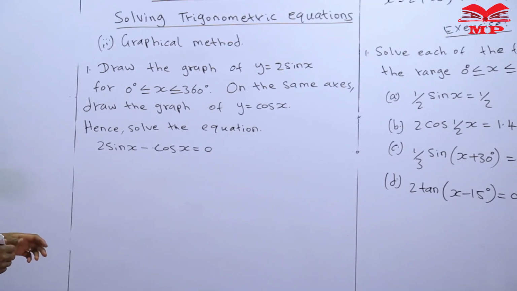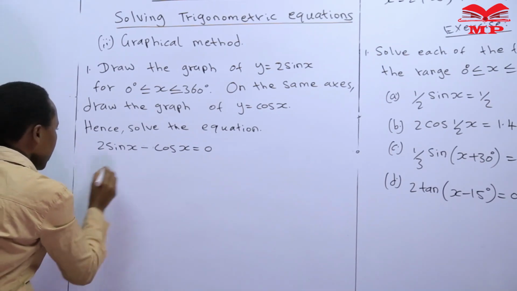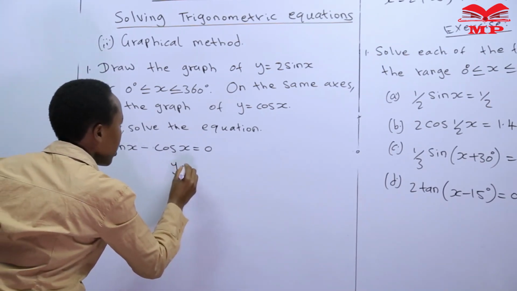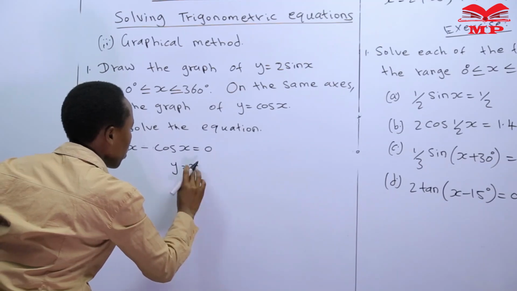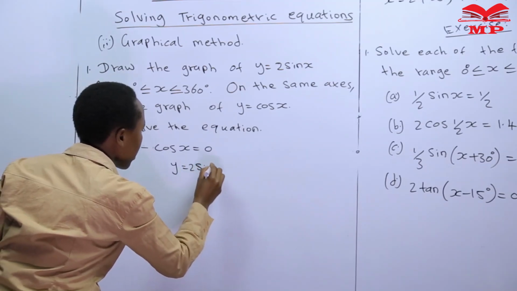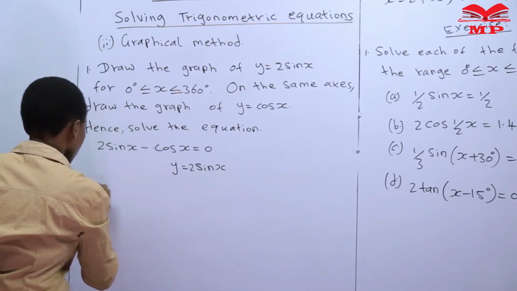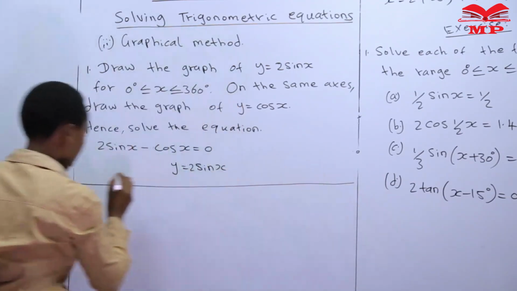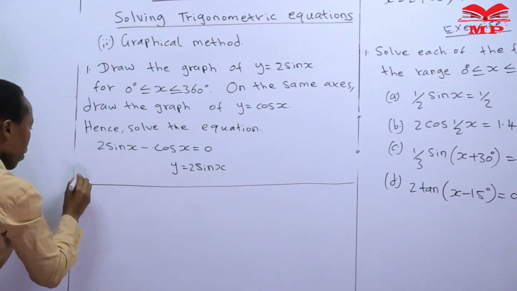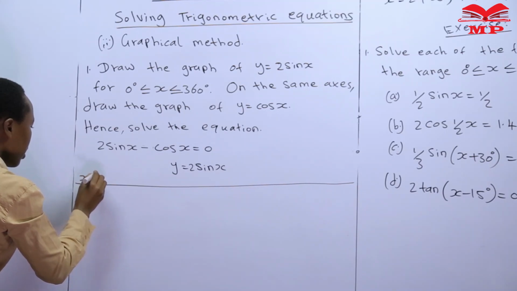So in this case, we are going to plot them each at a time, on the same axis. We can start with the first one, y is equal to 2 sine x. We have our x here, in degrees.